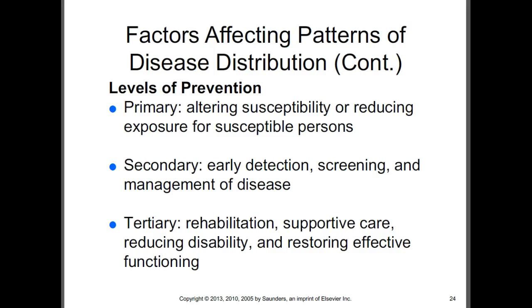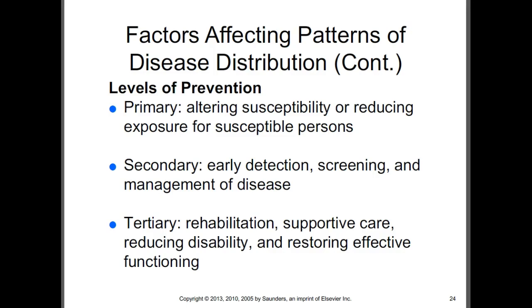So primary level of prevention is altering the susceptibility or reducing the exposure for susceptible persons. Okay, so let's kill the mosquito, right? That's kind of primary prevention. It's going to stop the spread of the Zika virus. Okay. Secondary, well, let's get a rapid Zika test at the different hospitals so that we can detect it as soon as somebody gets it, right?